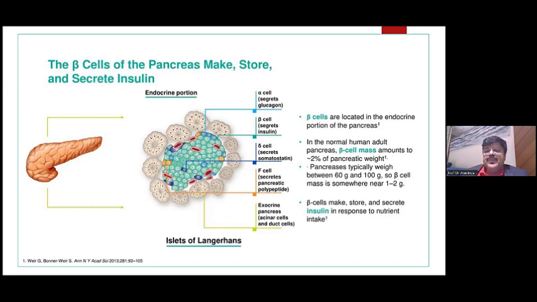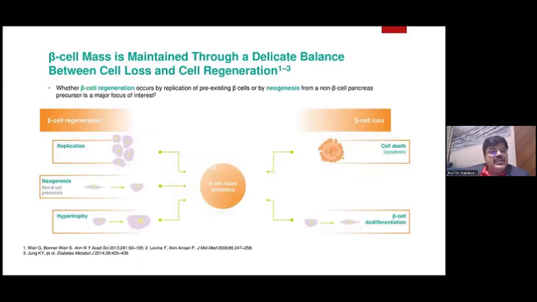So beta cells make, store, and secrete insulin in response to nutrient intake. In this slide, you can see the beta cell mass is maintained through a delicate balance between cell loss and cell regeneration. Whether beta cell regeneration occurs by replication of pre-existing beta cells or by neogenesis from a non-beta cell pancreatic precursor is a major focus of interest.